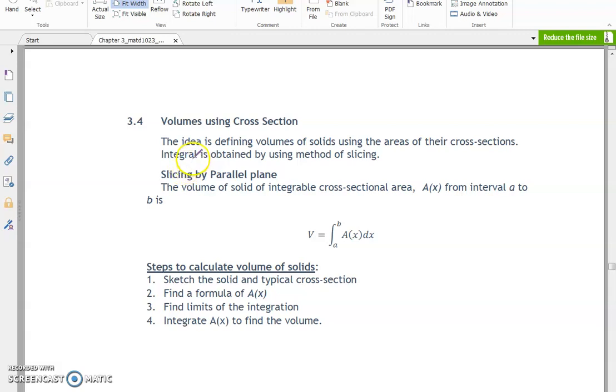Hello everyone. In this video we are going to see the second application of integration. So we're still in the part of application of integration, where we are going to discuss how to find a volume by using the cross-section method.